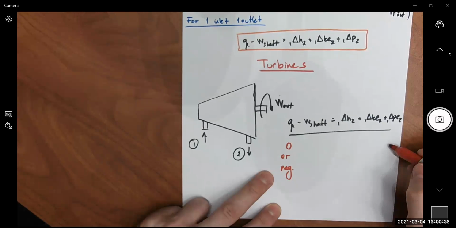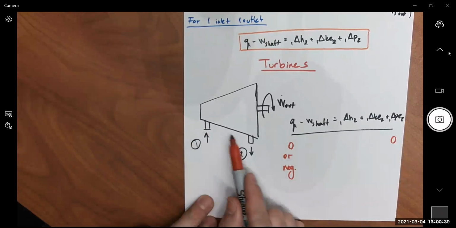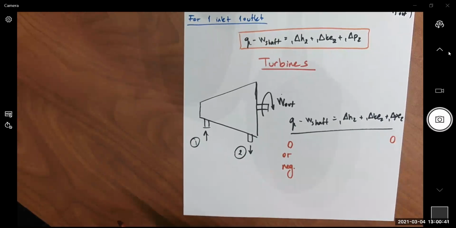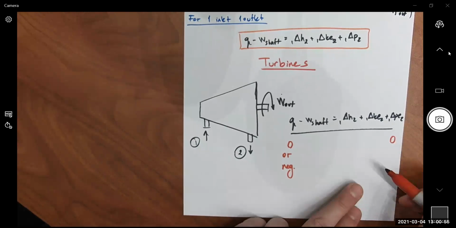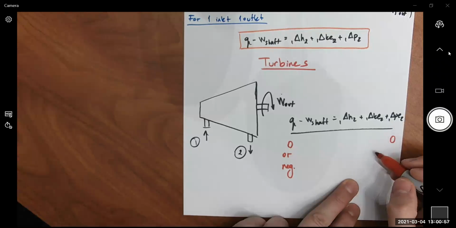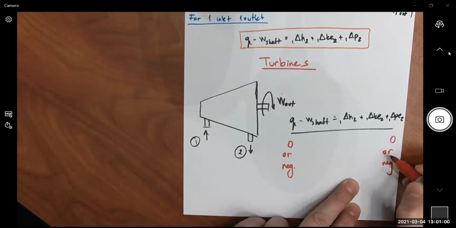And potential energy is typically zero. The elevation difference between exit and inlet is considerably small compared to the work produced by the device, the turbine in this case. Okay, and kinetic energy difference is typically negligible.